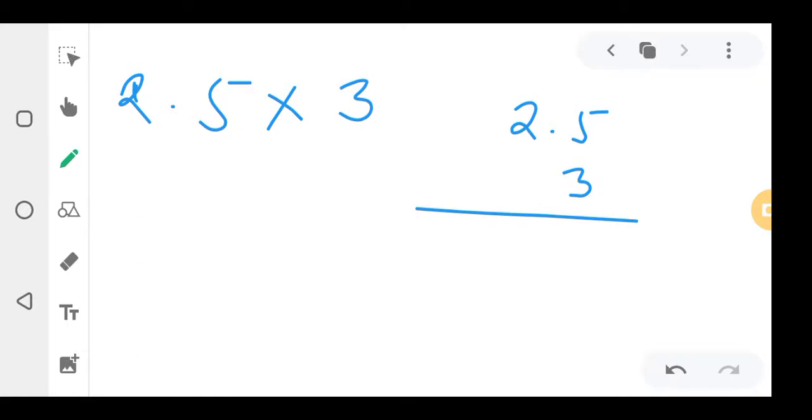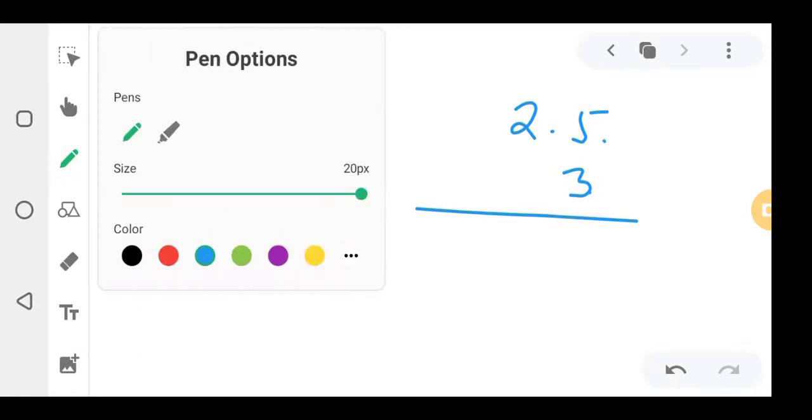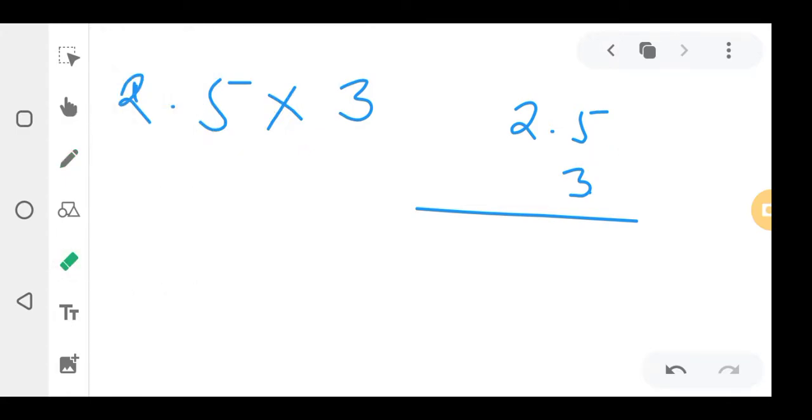So you multiply. 5 times 3 is 15. You write 5 and carry 1. Then 2 times 3 is 6, plus 1 is 7, so 7.5.